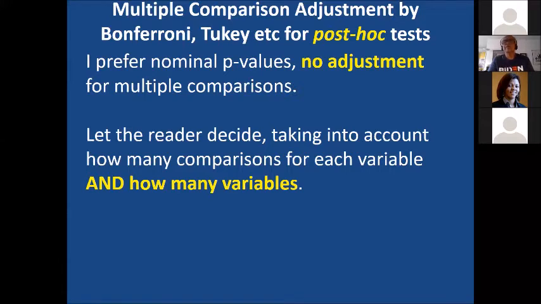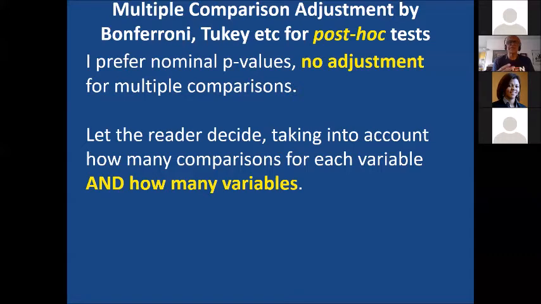How many comparisons are you making for each variable? But more importantly, how many variables are you comparing? Because the problem with all these Bonferroni, Tukey, etc., is that after ANOVA, they only control for the comparisons you're making for that variable. But most published papers and reports don't look at just one variable and do an ANOVA.